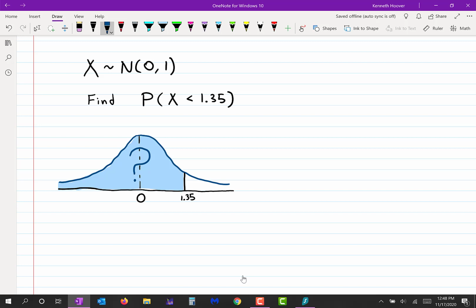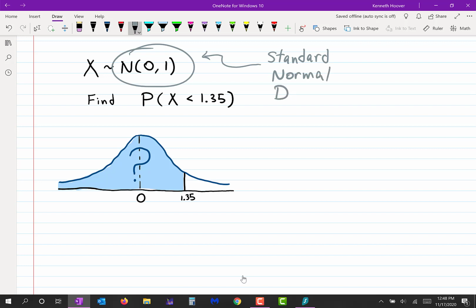Number one, let me point out something to you. That distribution, when it's normal and the mean is 0 and the standard deviation is 1, is called the standard normal distribution.